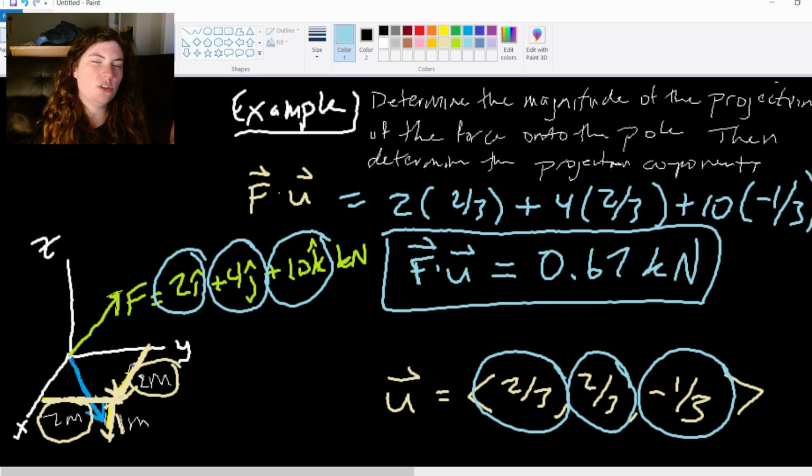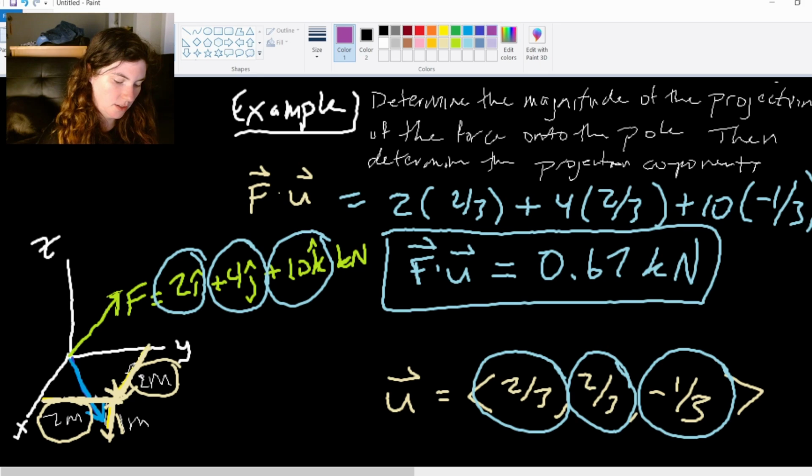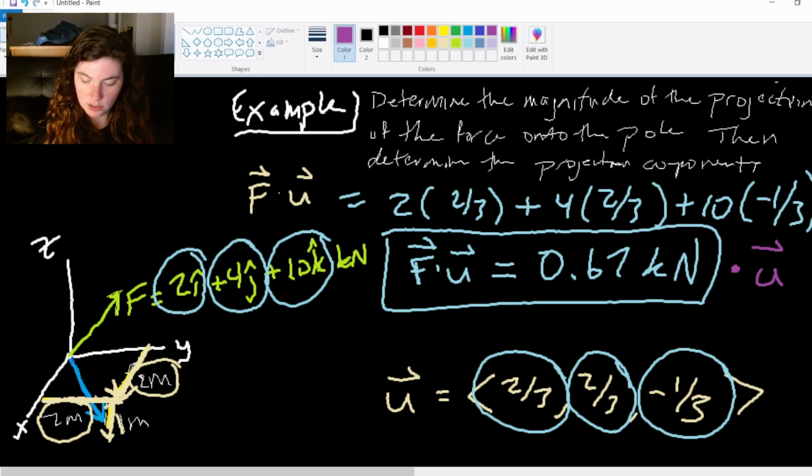Now, if I wanted to know this in component form, if I wanted this in the x, y, z Cartesian form with the i, j, k unit vectors, what I can do is take this dot product and multiply it by the unit vector. What this is going to do is turn it back into a vector with the force component still attached.